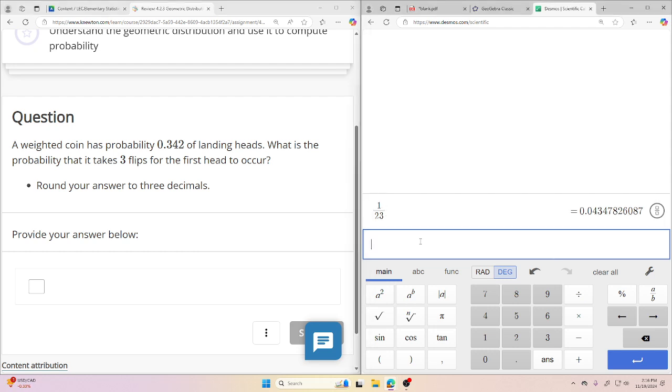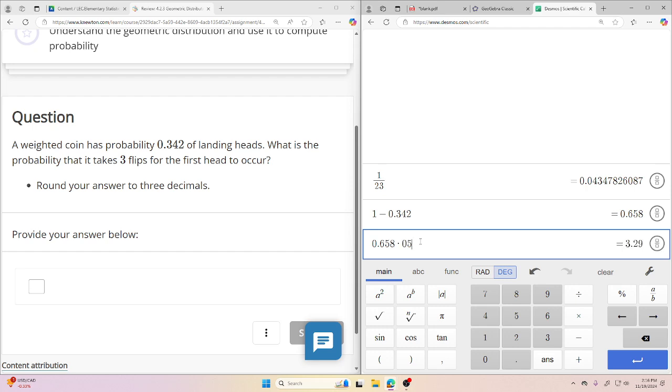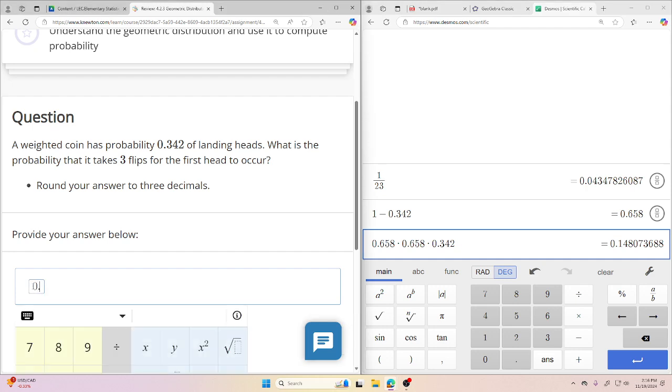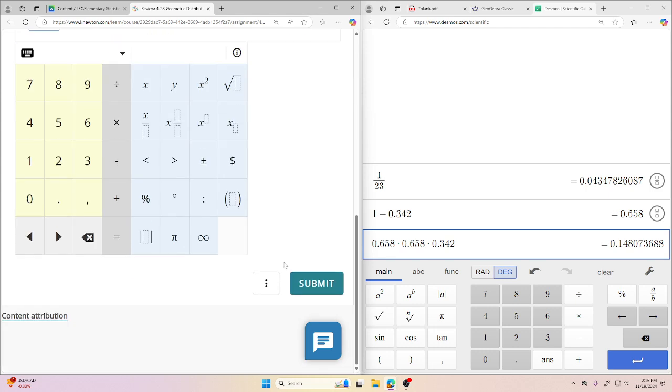So then it takes 3 flips. First off, I need to see what's the probability of failing. So I'm going to do failing, 6, 5, 8, failing, 6, 5, 8. And then finally on the third one, I succeed. So it looks like that. Third one. 1, 4, 8. Hit it.